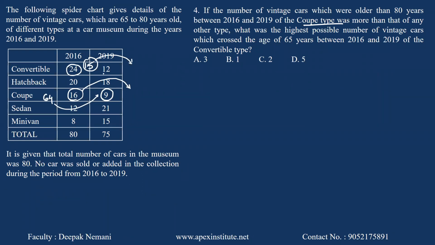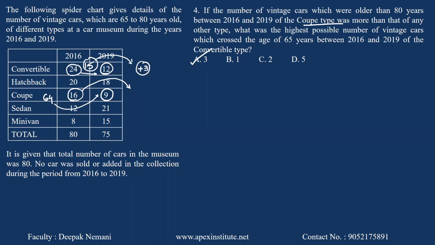Okay, but by the end of year 2019, the total number of vintage cars were 12. So how do you have 12 here? So after these 15 exiting this category, 3 cars have entered this category from this 24. Okay, so the highest possible number of vintage cars which cross the age of 65 years of convertible type will be 3.